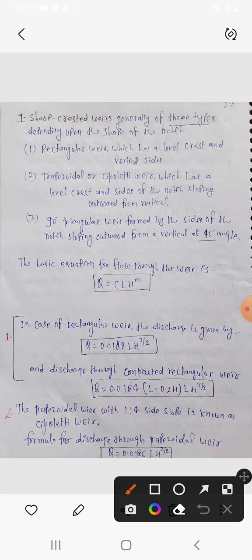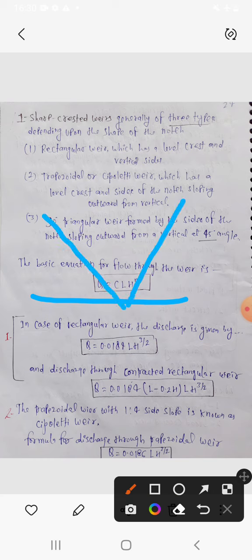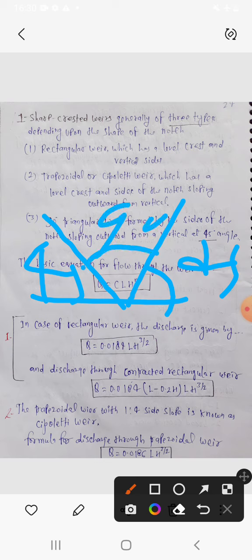Each side has an angle of 45 degree with vertical or horizontal, making a total notch angle of 90 degree, like we can see here. This is 45 degree, and here this is 45 degree, and that is 90 degree.